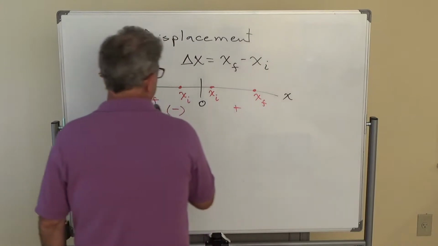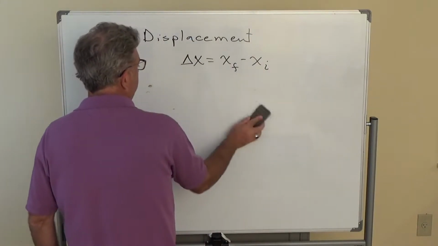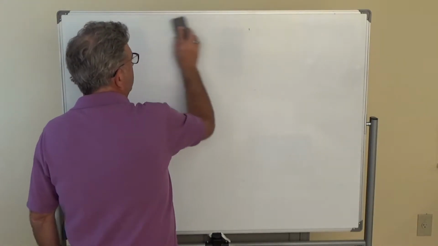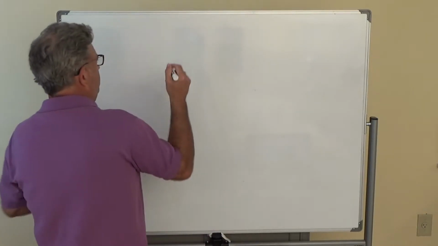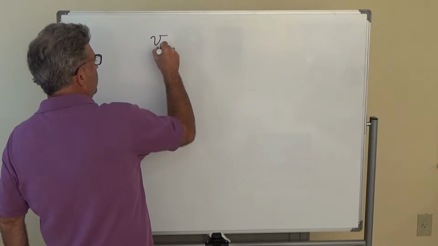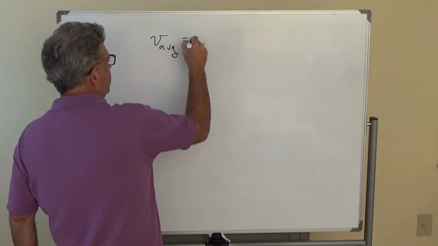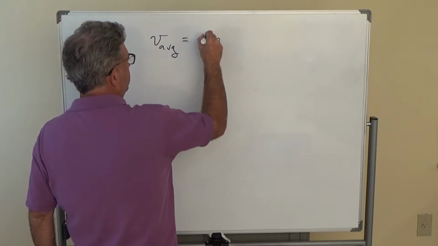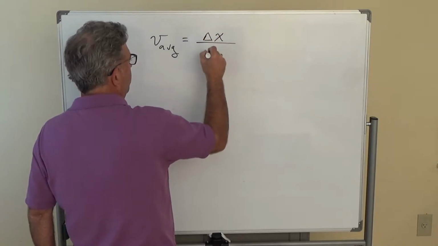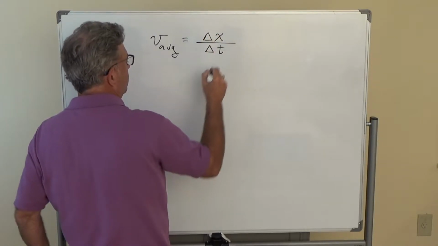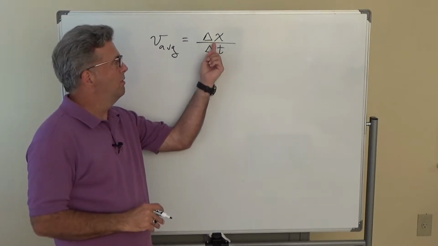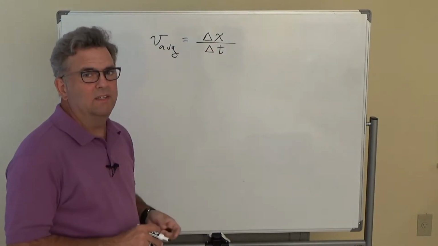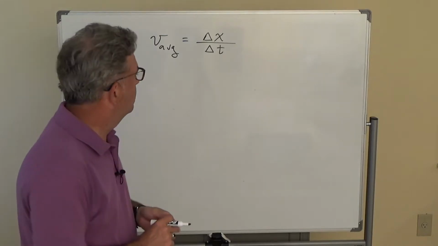Then we had the velocity based on this displacement. So velocity, and we'll say average velocity, is equal to delta x divided by delta t, where delta t is the time it took to cover this or create this displacement delta x.